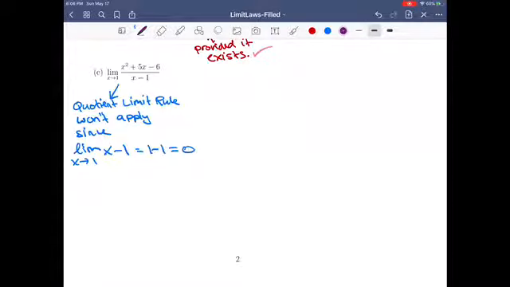So I'm going to try and just simplify the function inside. I think I can factor the top. I want two numbers that multiply to give -6 and add to give +5. So that's going to be x plus 6 times x minus 1, over x minus 1.